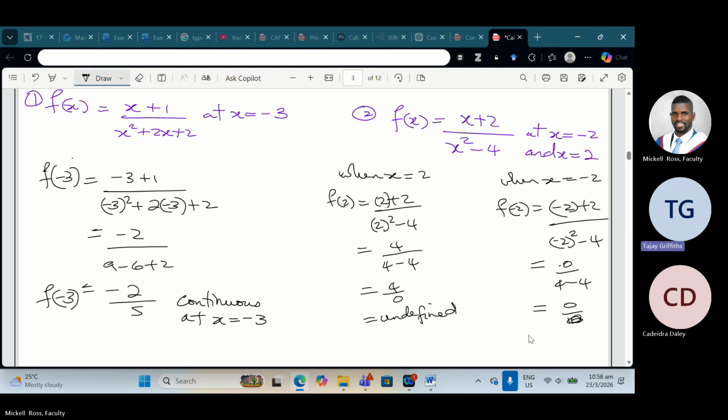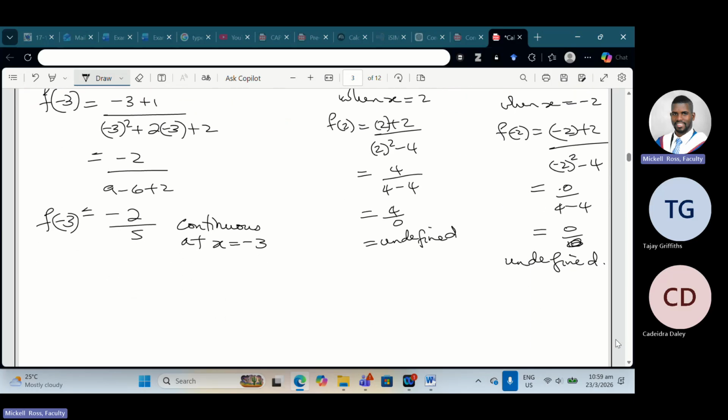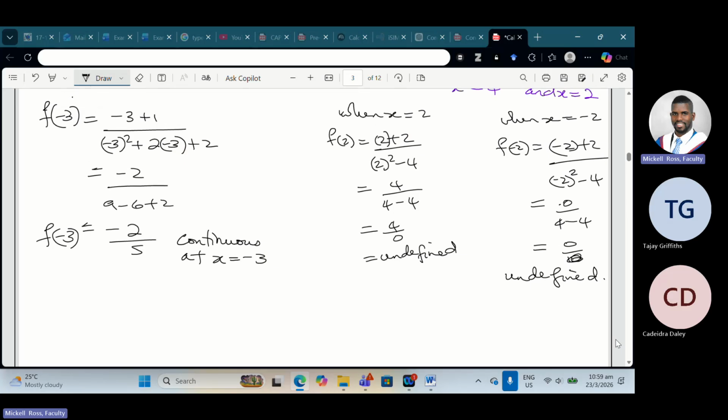So that means it's neither continuous nor discontinuous. Now we can work through it and get an answer. So we're going to look at what happens when we get situations like this.